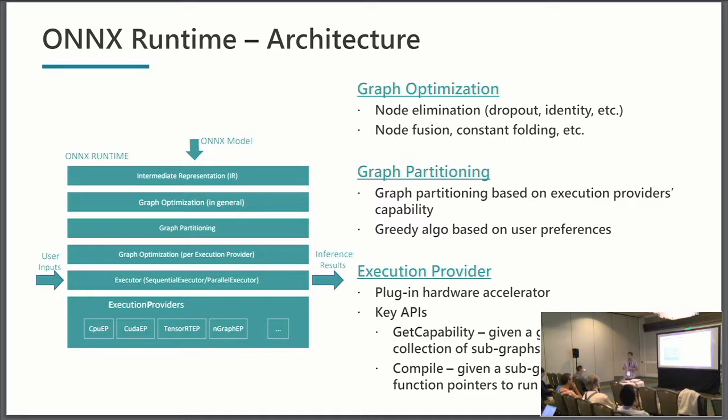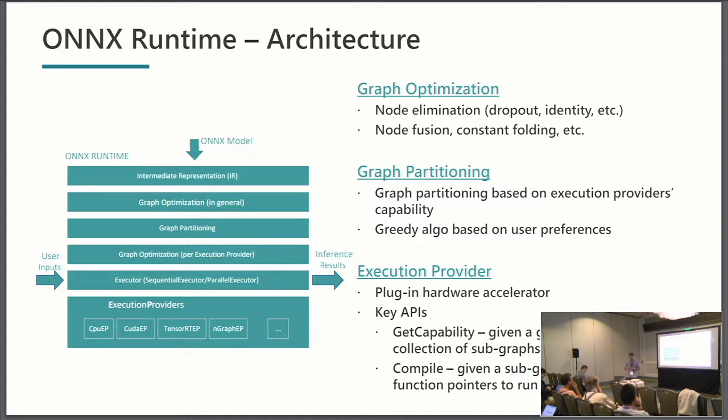In this stage, the optimization is execution provider independent. After that, we will send the whole graph to the execution provider to do the graph partitioning. And after that, we will apply the execution provider specific optimization. Then we will pass this information to the executor.